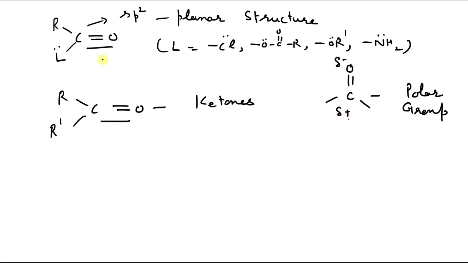If we see the structural similarities between these carboxylic acid derivatives and these ketones or aldehydes, both structures contain a carbonyl group, and this carbonyl group is a polar group because oxygen is more electronegative. So these groups can be attacked by nucleophiles.